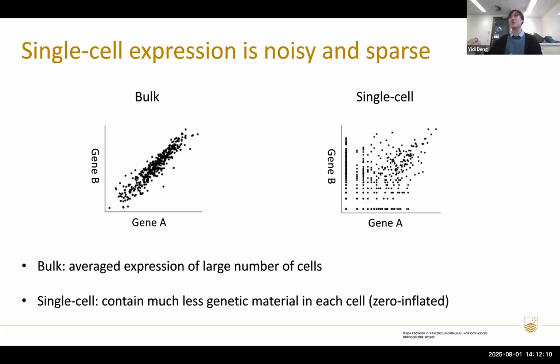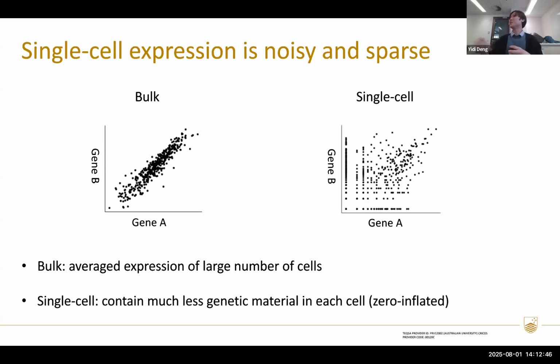For example, contamination: when you do the sequencing, there could be contamination from other cells. Or in sample preparation, if you don't prepare a sample correctly, you could stimulate the cells, which makes the cell go into a state that you don't want. And when we talk about sparsity, it means that single cell expression has a lot of zeros, because there's much less genetic material being measured within an individual cell.